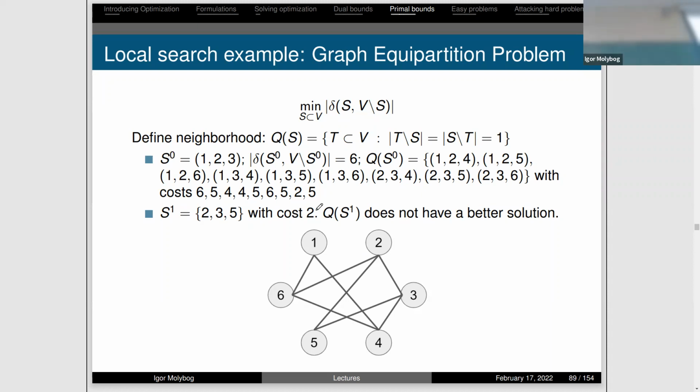Does that make any sense? Should I continue? Okay, let me continue: 2, 3, 4, 2, 3, 5, and 2, 3, 6.